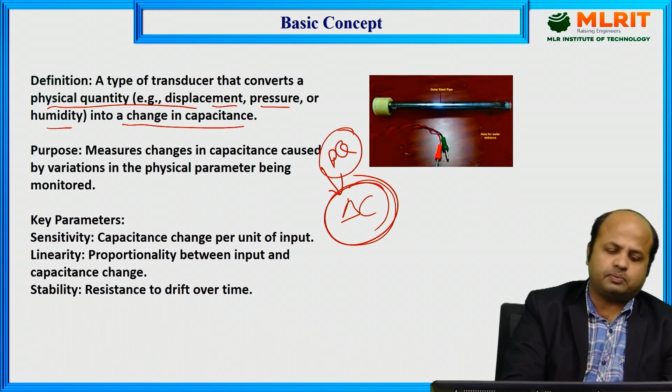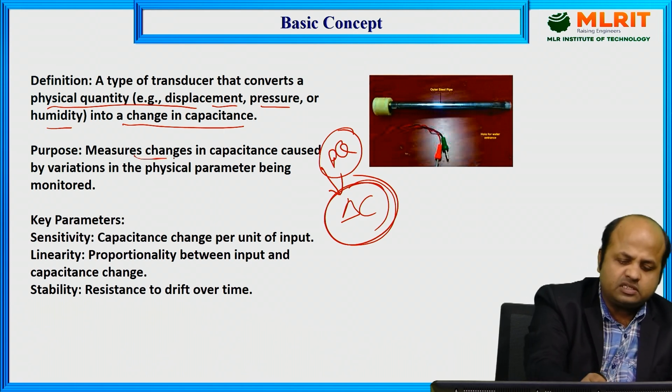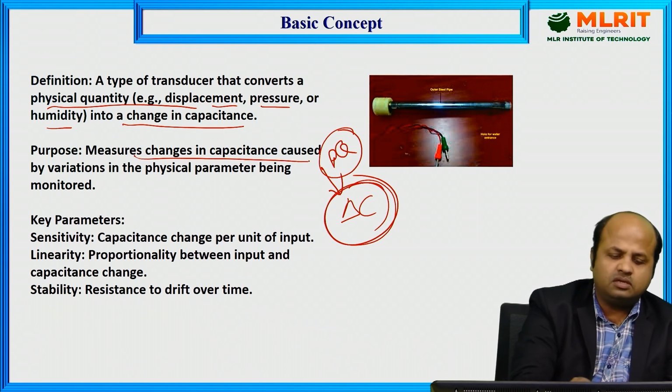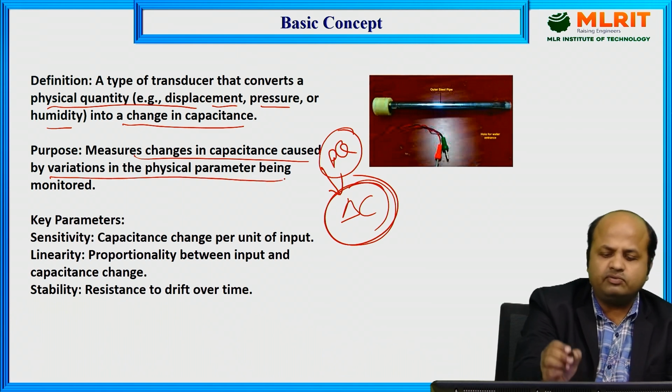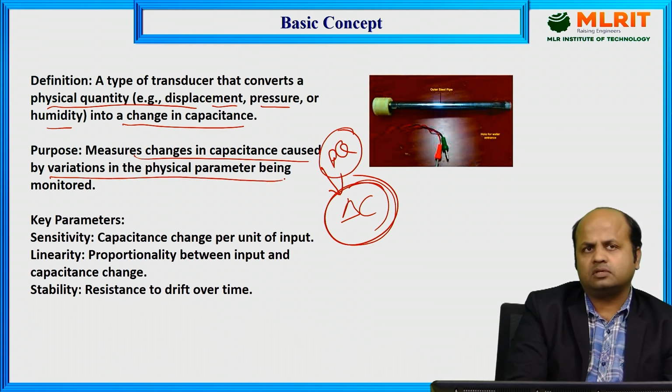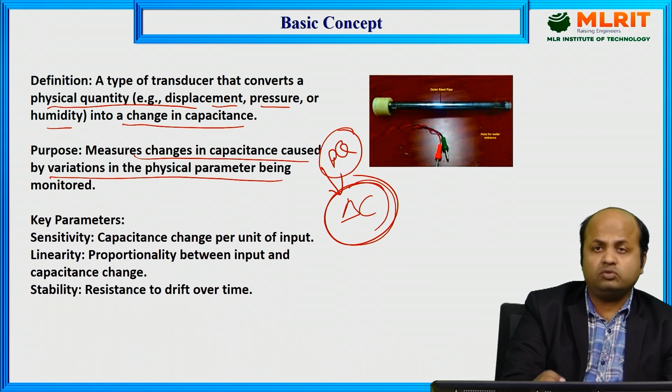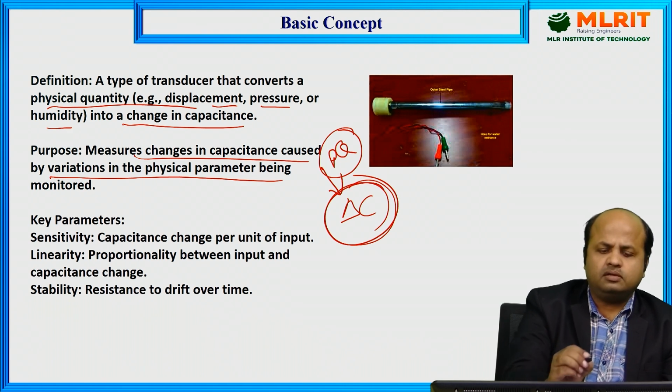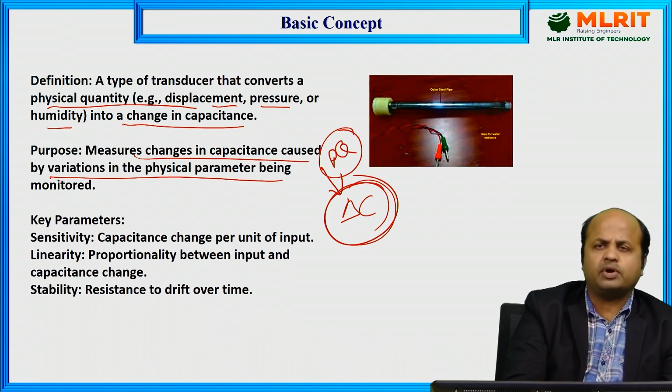What is its purpose? It measures the change in capacitance caused by the variation in physical parameters. The interesting thing is how the capacitance changes whenever a physical quantity like displacement, pressure, or humidity is detected. We will see this in the upcoming slides.